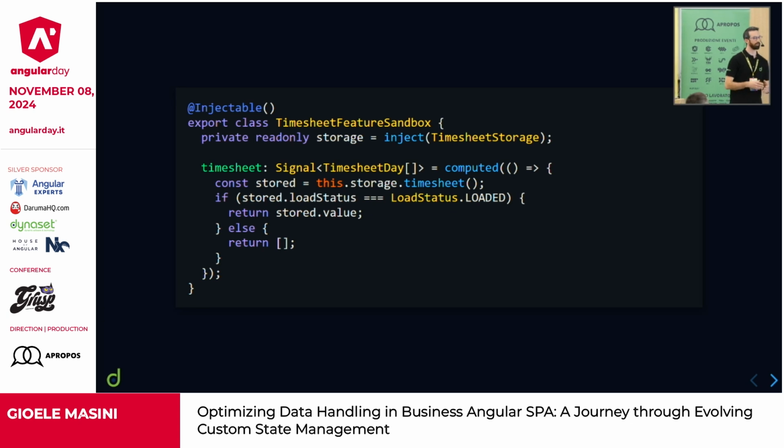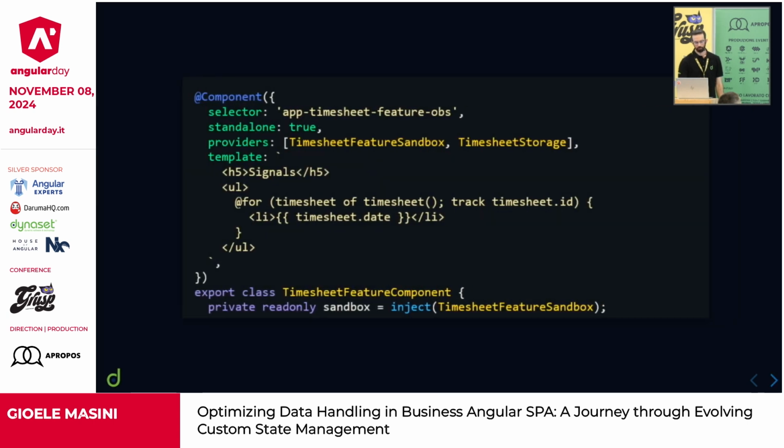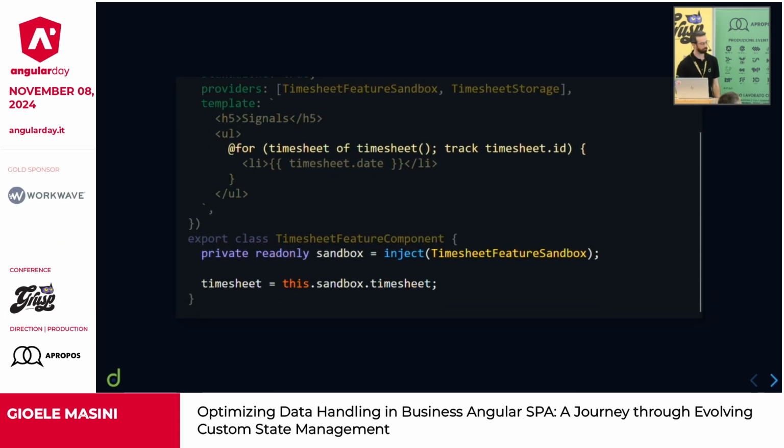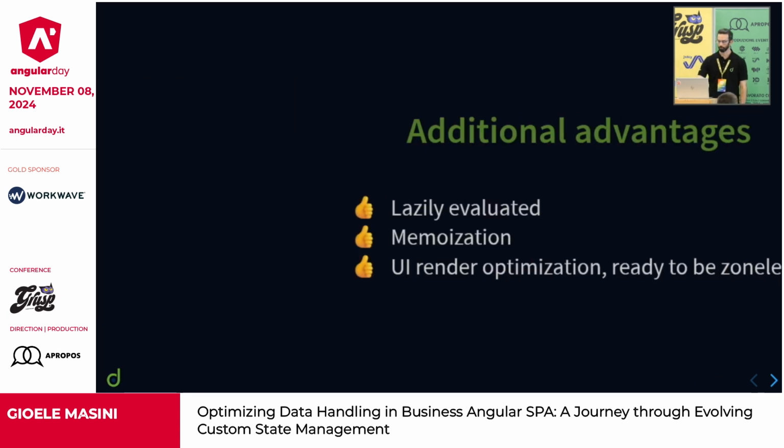In this case, I already explained why we decided to return an array when our data is not loaded or not available. And this is the component. It's almost the same as before. It doesn't have this async pipe we didn't like.